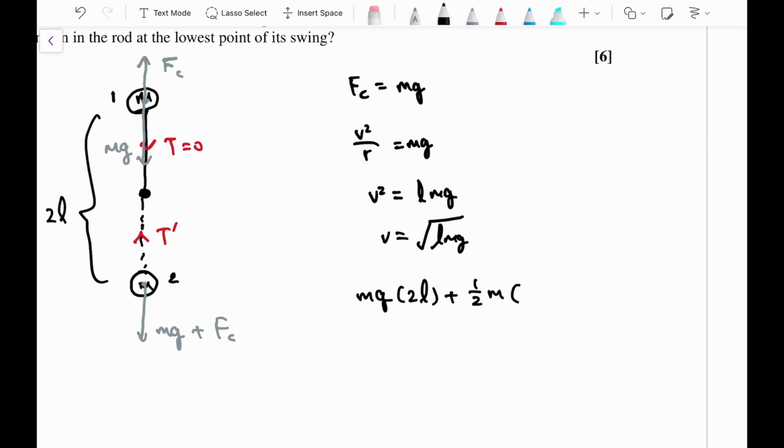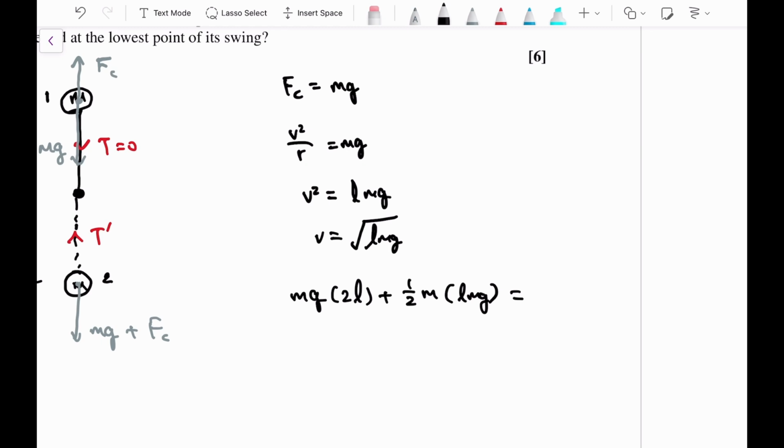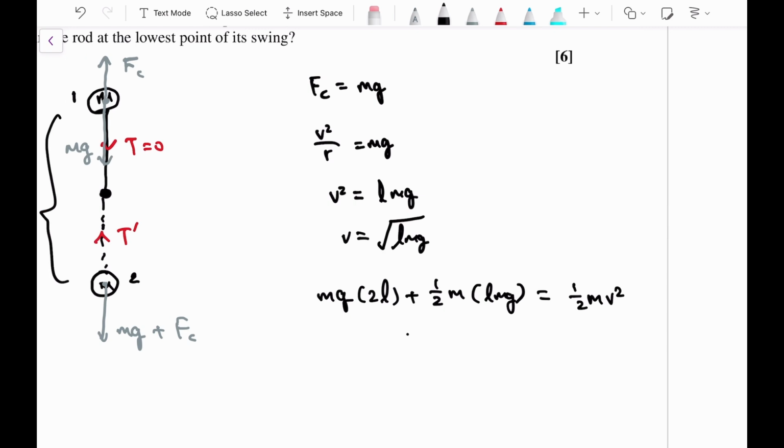And its kinetic energy is a half Lmg, and then this is equal to the energy at the bottom, and this will be, let's say, a half mv squared. v is what we want to calculate, so let's simplify this equation. So it's 2Lmg plus a half Lmg. Oh, I made a very big mistake.